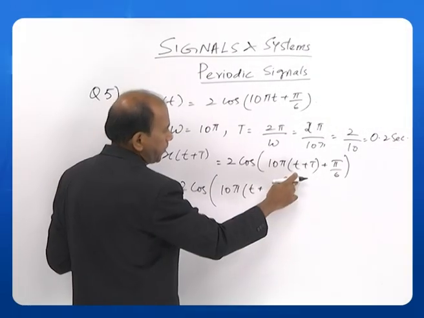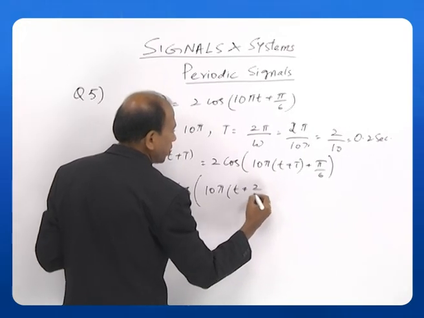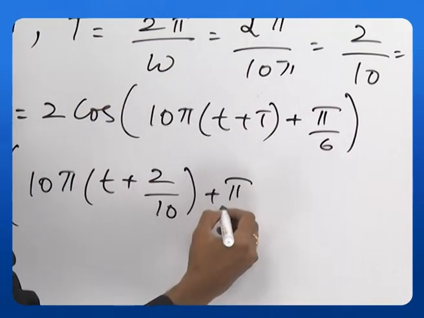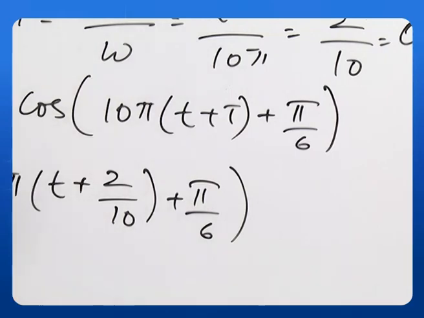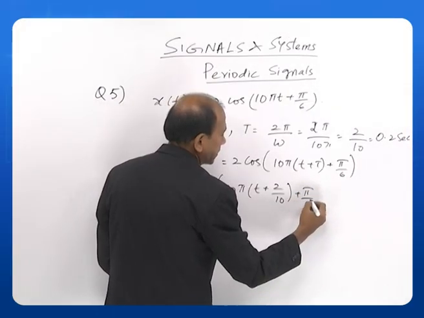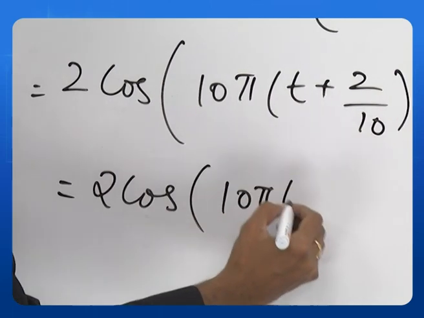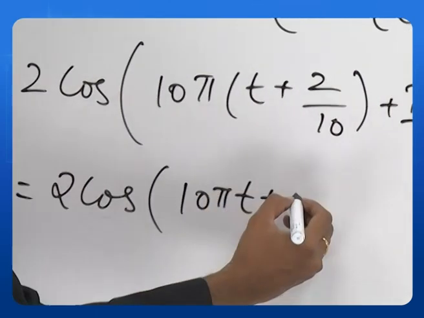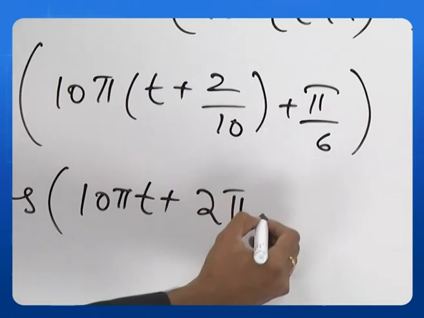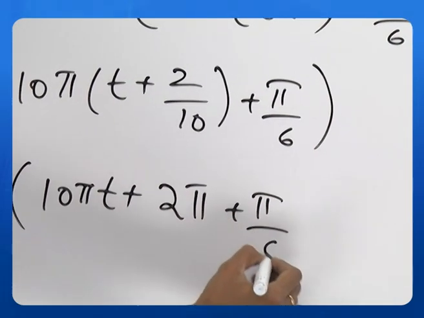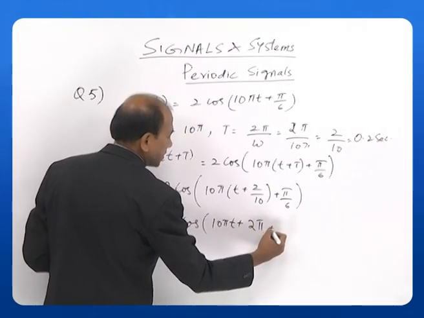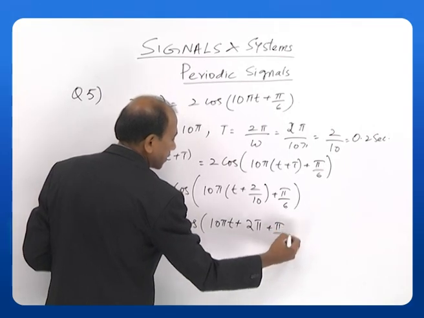It is equal to 2 by 10) plus pi by 6. So this is nothing but 2 cos (10 pi t plus 2 pi plus pi by 6).